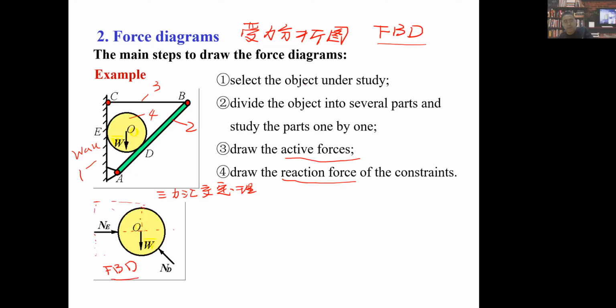We imaginarily think that we pull this ball from this whole system, and we remove all the constraints, but we use the corresponding reaction force to replace the function of this constraint, right?